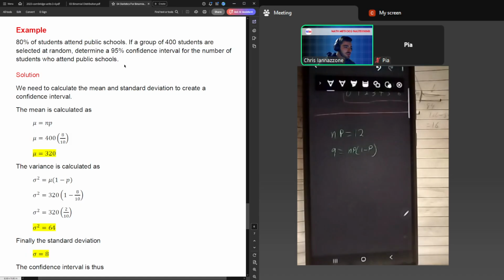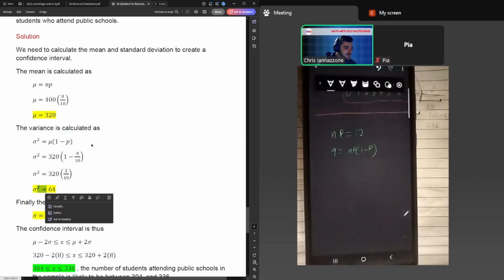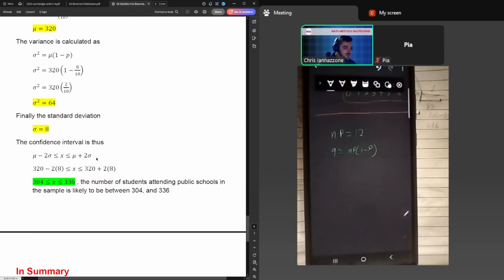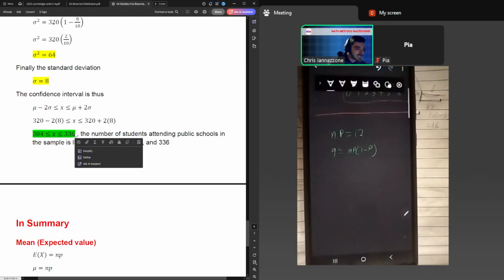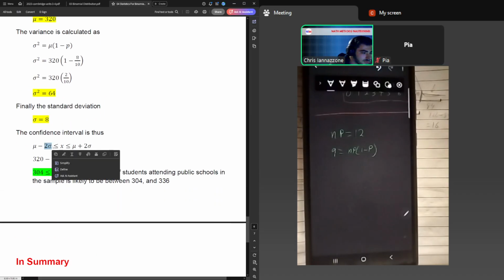So for instance, when we calculate our mean, variance, and standard deviation and plug them into the confidence interval formula, we're basically saying that we're 95% confident that the number of students attending a public school in any particular sample is going to be somewhere between 304 and 336. That's how to actually interpret confidence intervals. Calculating them is just chill though. Just need mean, standard deviation, and do some addition and multiplication.